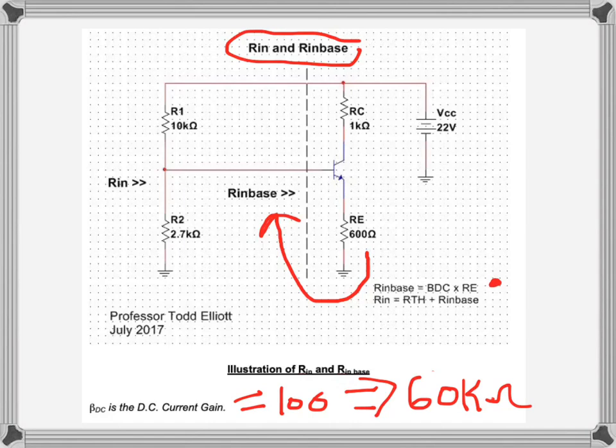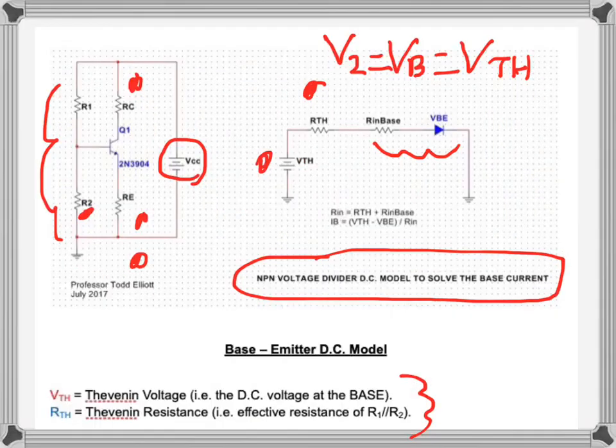Okay. This parameter Rin is the DC resistance, how many ohms I see looking into the entire voltage divider. So Rin is not the same as Rin base. It's given by this little formula here. So let's go back and do a little clean up here.